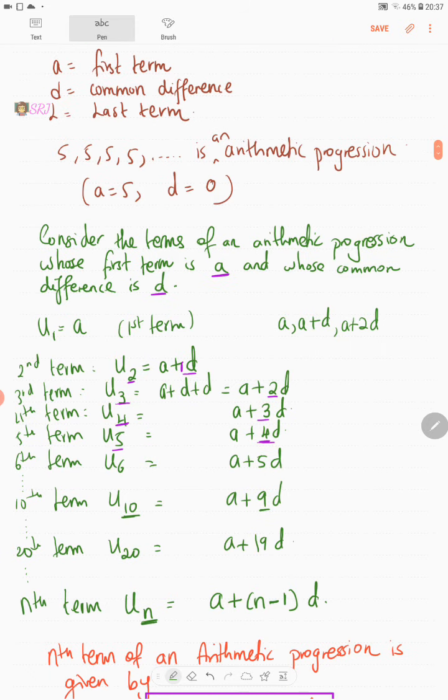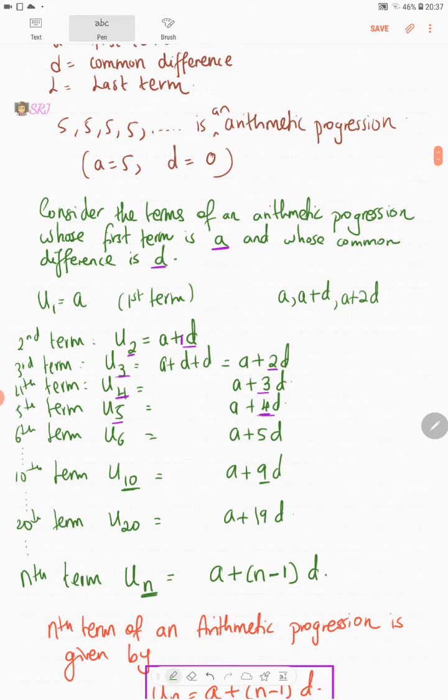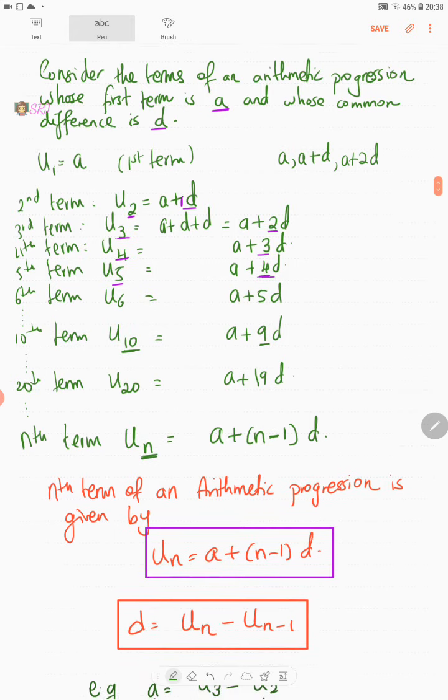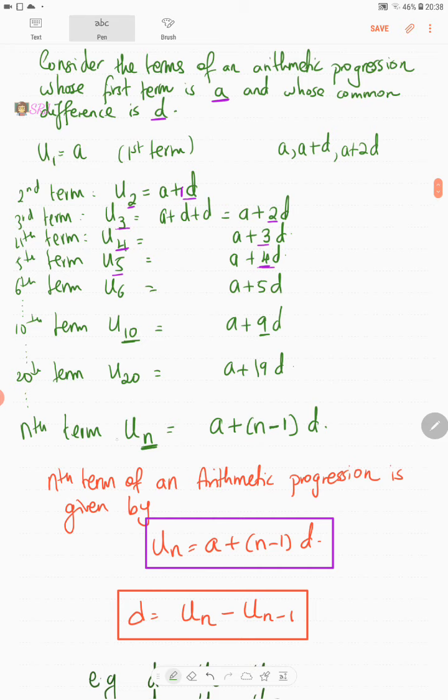So here we derive a general formula for the nth term of an arithmetic progression. So the nth term, as we saw, it is denoted by un, and it is given as a plus n minus 1 times d.